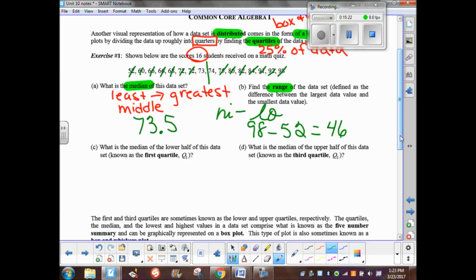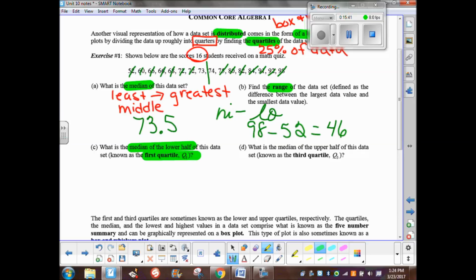Now it says, what is the median of the lower half of this data? That's known as the lower quartile. The median of the lower half is called the first quartile, quartile 1, lower quartile, lots of synonyms.